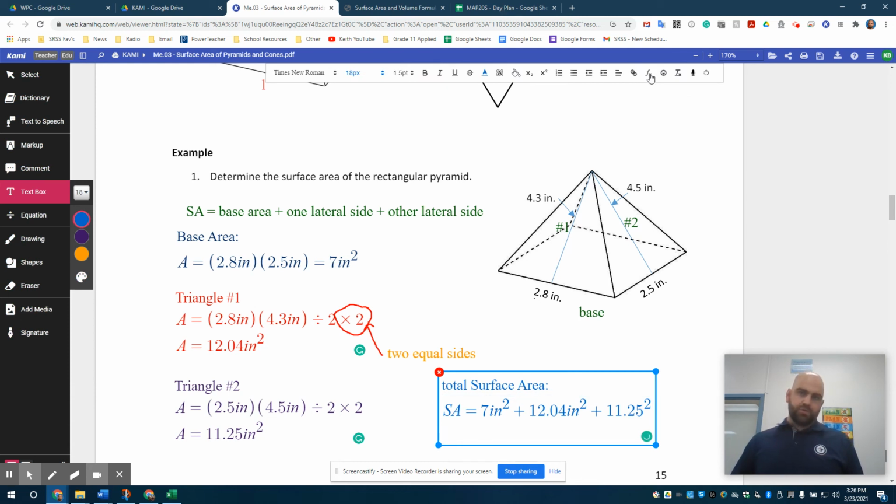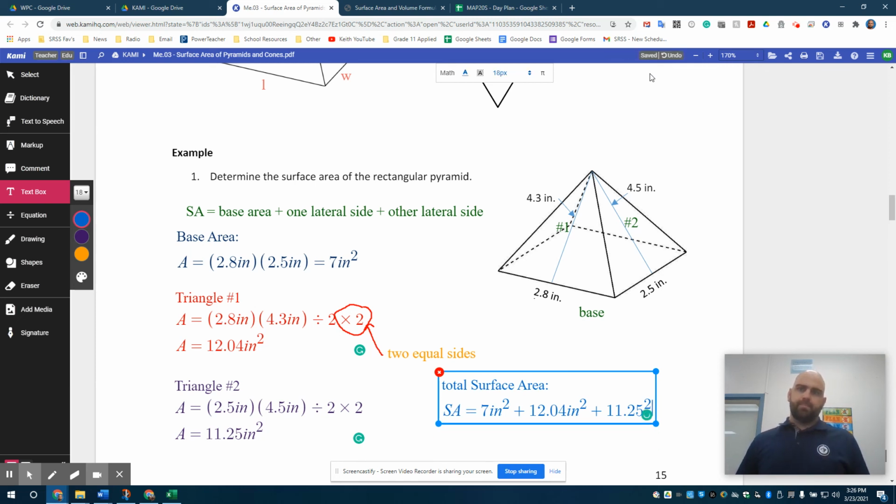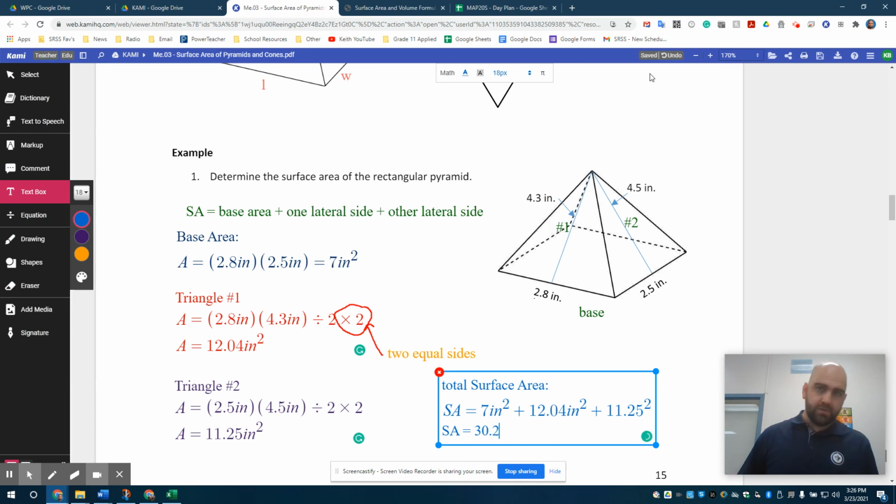And so our total surface area, 7 plus 12.04 plus 11.25, is 30.29 inches squared.